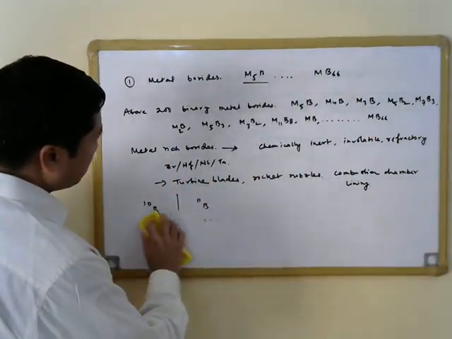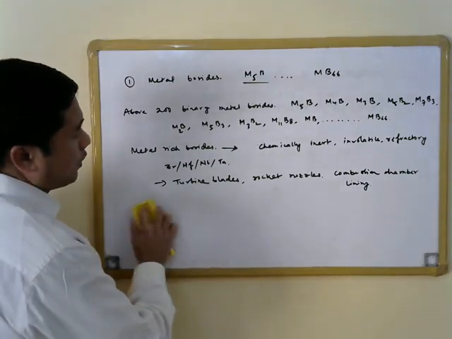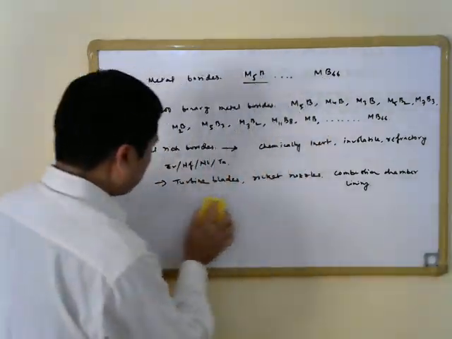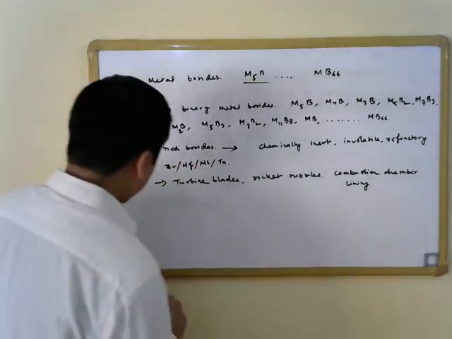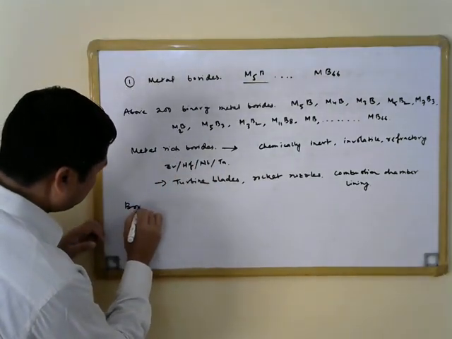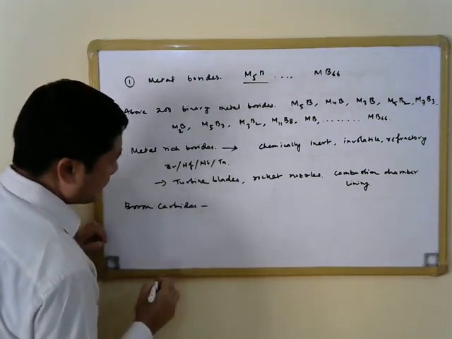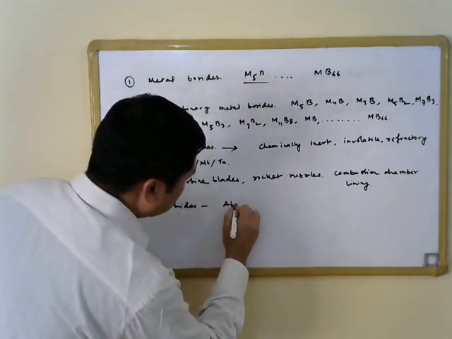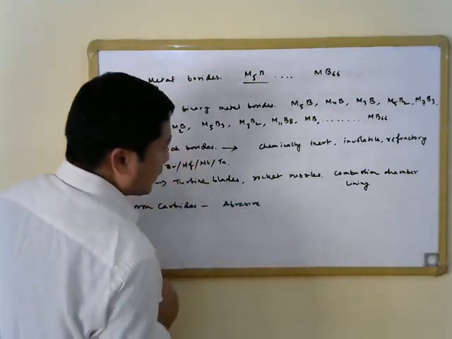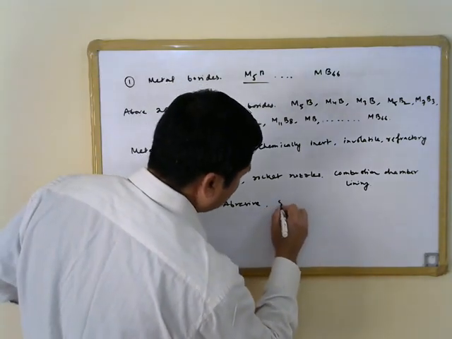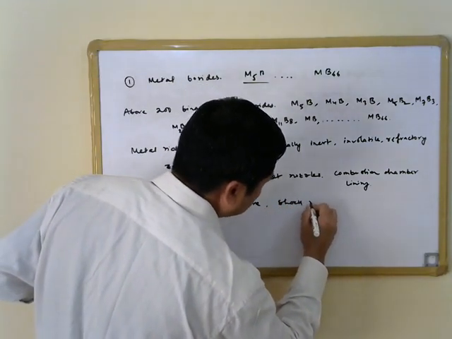Apart from this, boron carbides are abrasive in nature. Also, they are shock resistant.